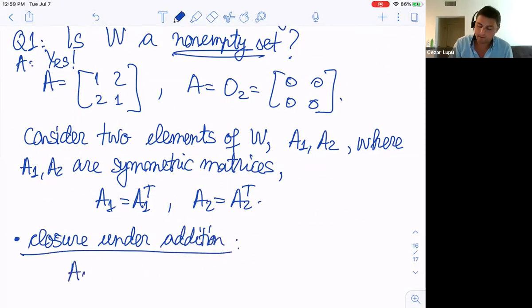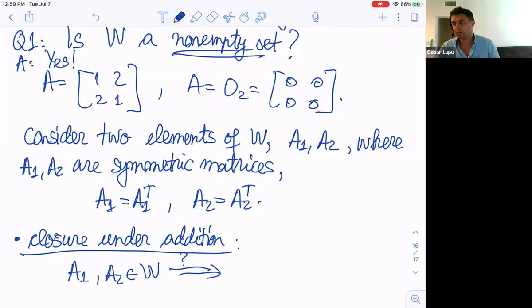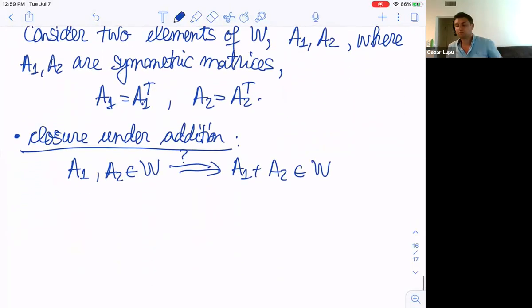In other words, if we take A1 and A2 in W, does this imply that A1 plus A2 is in W? That is the question. What do you think? Is this true? Well, let's see.